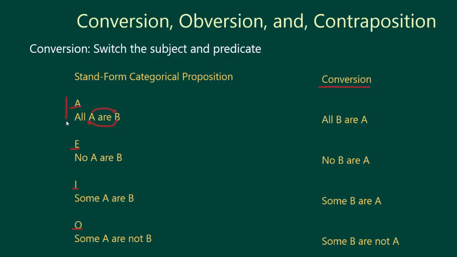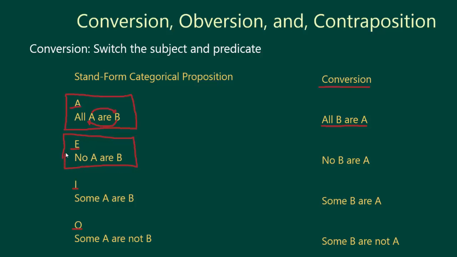So notice if we take a look at this A proposition, since it says all A are B, if we flip the subject term and the predicate term, the new sentence that we get is all B are A. So this is a converted proposition of our original A proposition, all A are B. Likewise, just the same pattern.